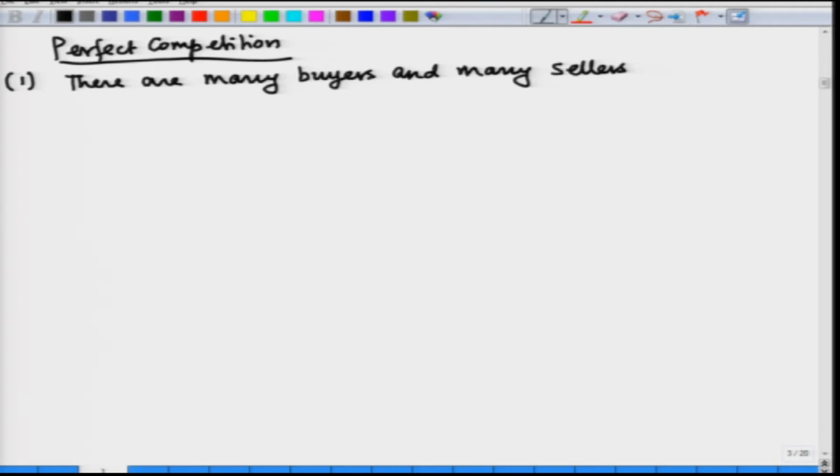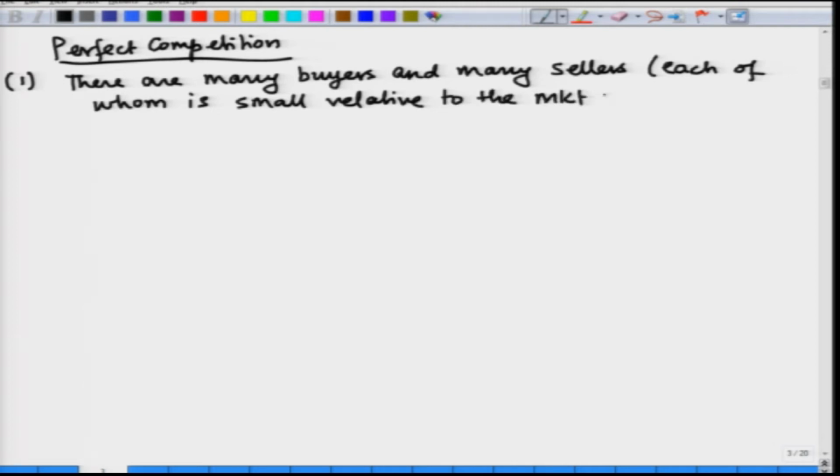So, many buyers and many sellers, each of whom is small relative to the size of the market. All the firms produce identical products. In other words, all the firms produce homogeneous goods.